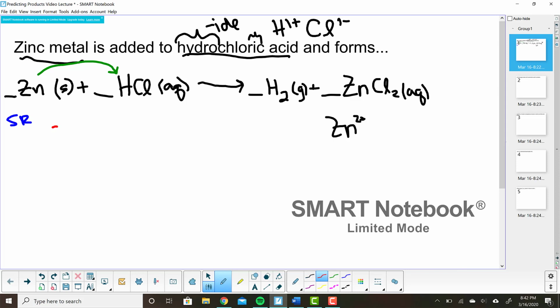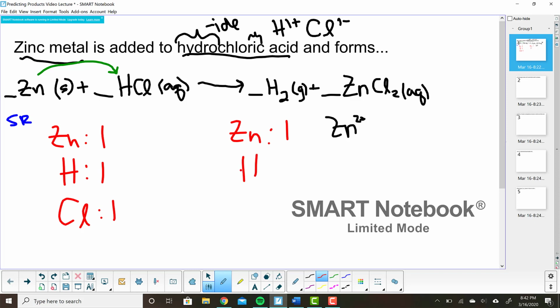So on the left side here, I have 1 zinc, 1 hydrogen, and 1 chlorine. On the right, I have 1 zinc, 2 hydrogens, and 2 chlorines.